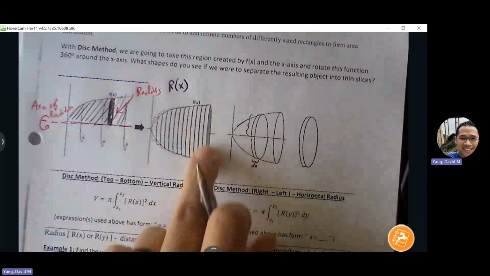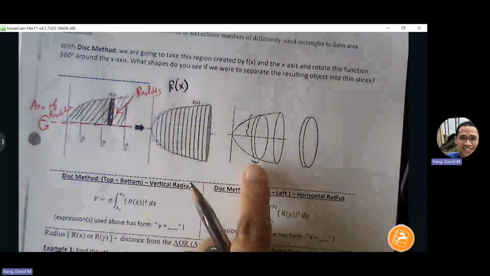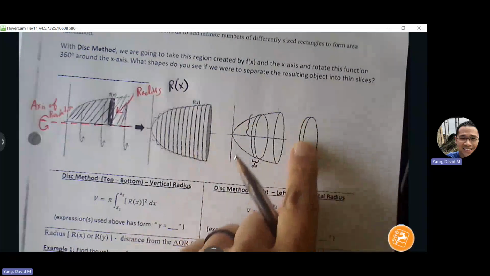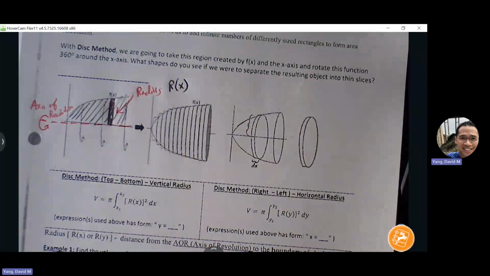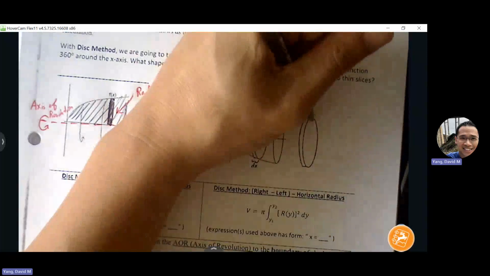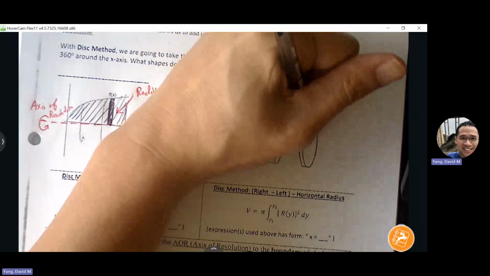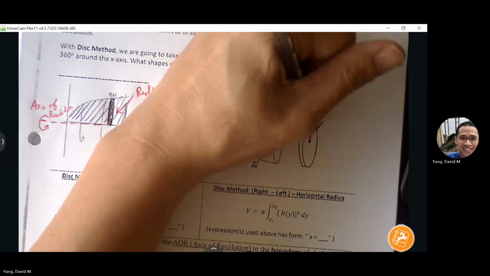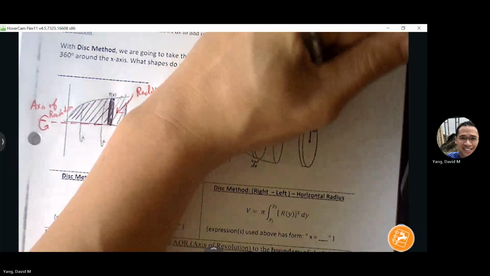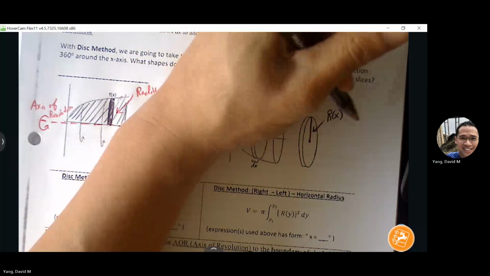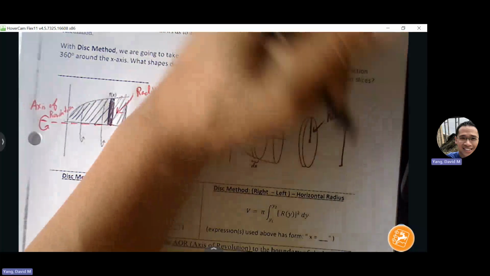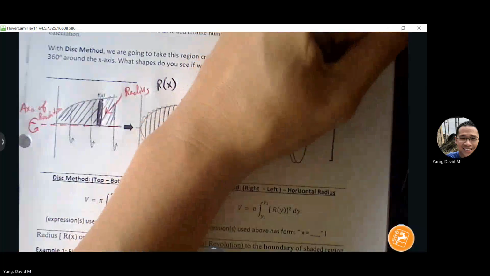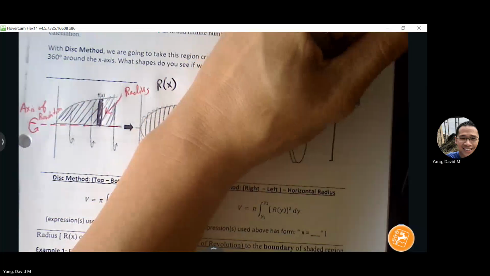So let's just say that we're examining one of these really infinitely thin discs. Even though it's going to be infinitely thin, it's still going to have a circular face. And we know that radius represents, call that R of x. And we know the area of that disk. What's the area of a circle?